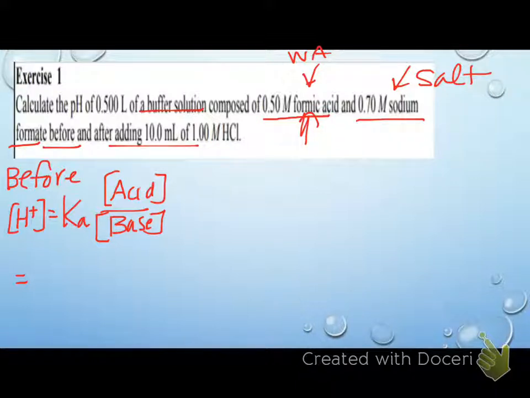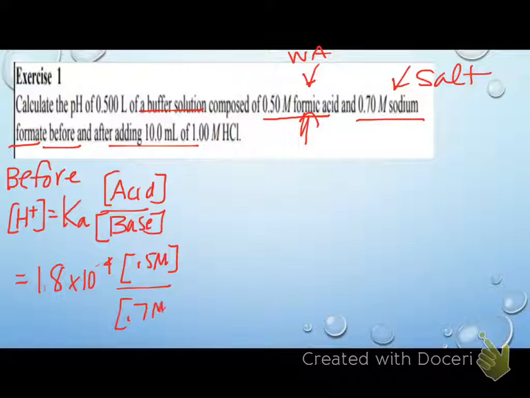It's up above, right above it, the Ka of formic acid: 1.8 times 10 to the negative 4 times the concentration of 0.5 over 0.7. And we get a concentration of 1.29 times 10 to the negative 4. So we take the negative log.